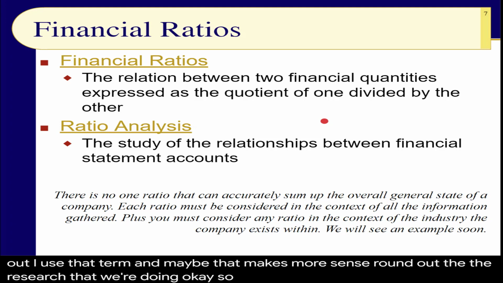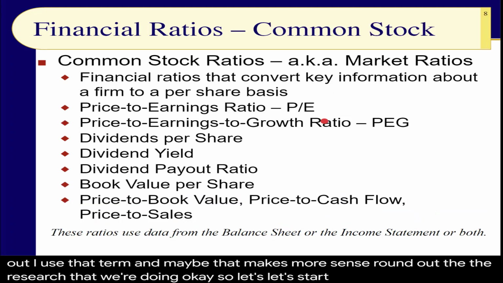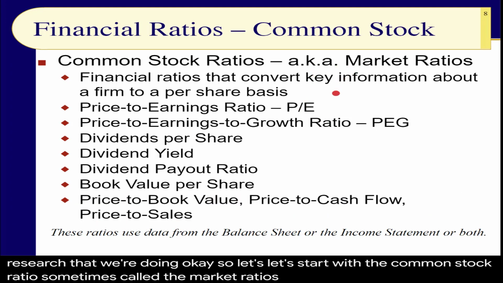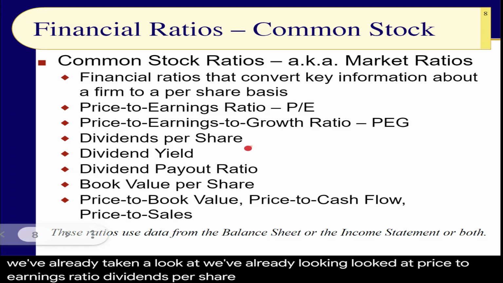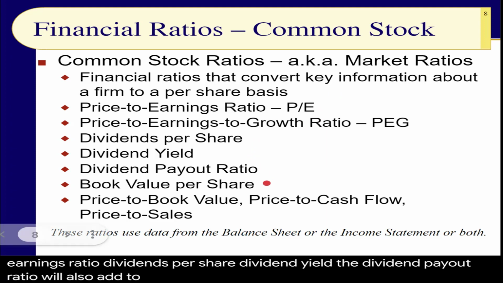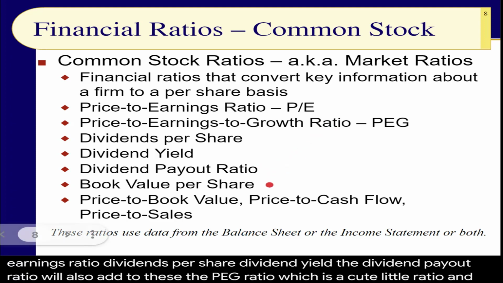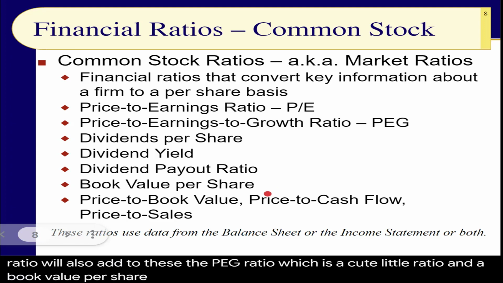Okay, so let's start with the common stock ratios, sometimes called the market ratios. And as I said, some of these we've already taken a look at. We've already looked at price to earnings ratio, dividends per share, dividend yield, the dividend payout ratio. We'll also add to these the PEG ratio, which is a cute little ratio, and book value per share, price to book value, price to cash flow, price to sales.